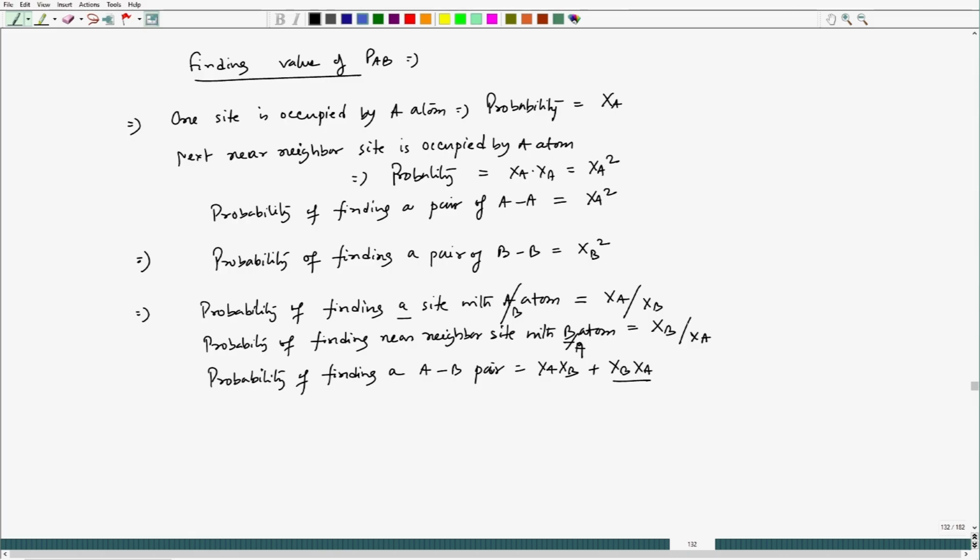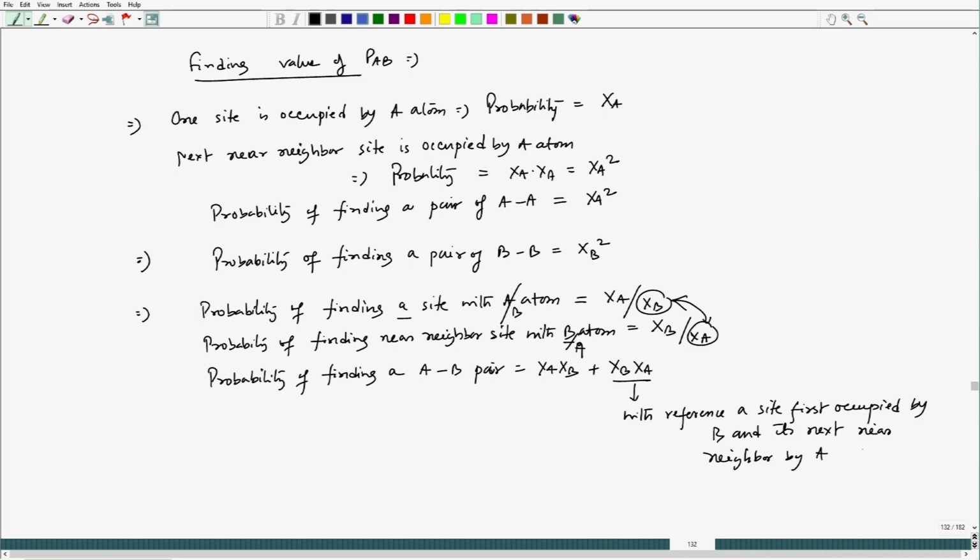So, these two terms give me, with reference to a site first occupied by B and its neighbor by A, this quantity.